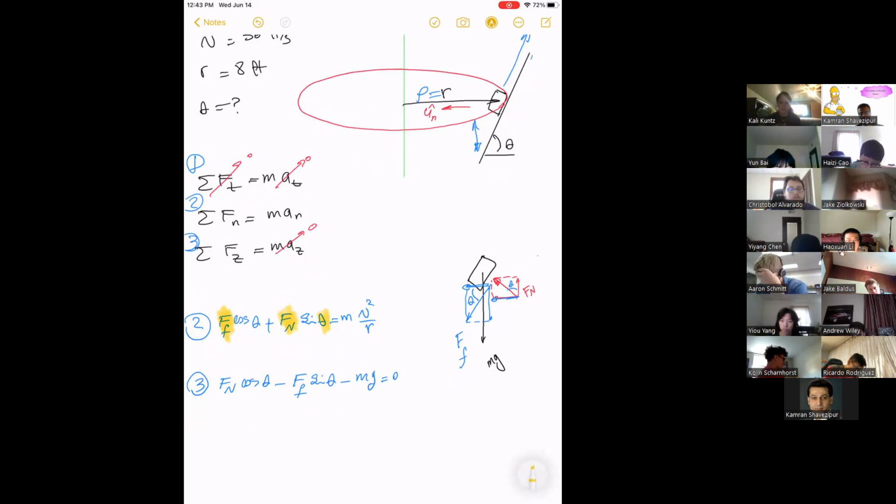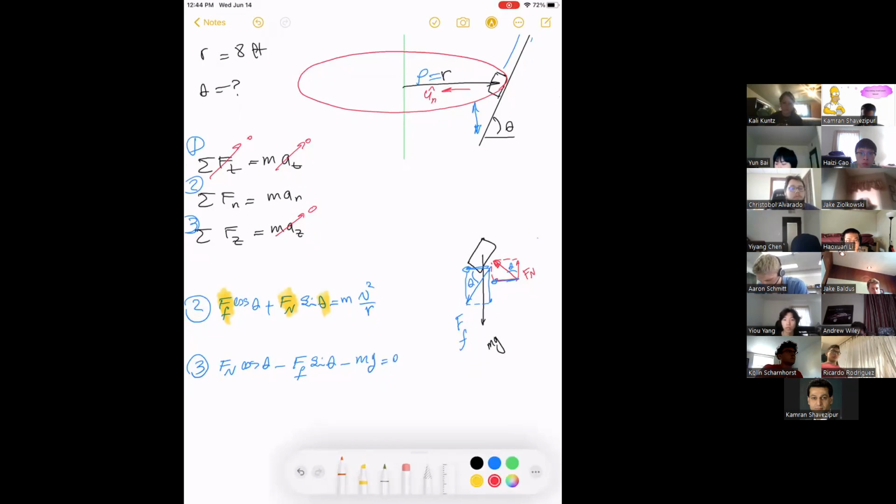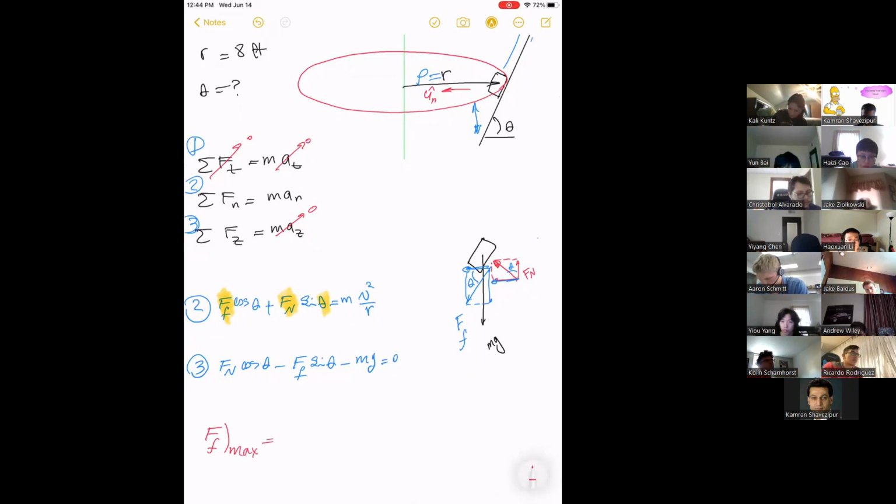You remember I said, when we have a static friction, we don't know how much it is unless it is right at the maximum border. This problem says, find the theta at which the guy starts slipping. So before slipping is the maximum friction, right? Maximum static friction. So if that's the case, your friction force, which is maximum static friction force, is going to be mu s times F_n.